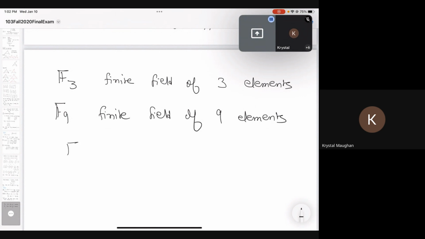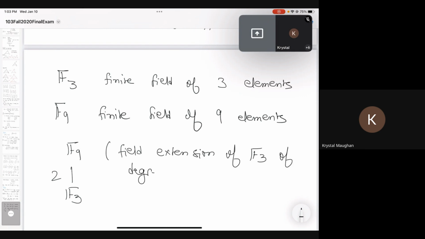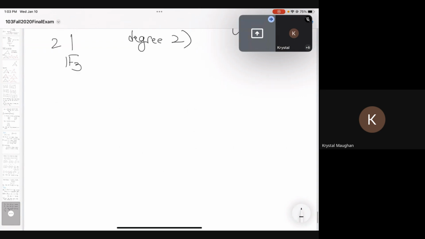It's actually a vector space over F3 of degree 2. So this is a field extension of F3 of degree 2. In general, if you have a finite field in the base and you take a degree r extension, what you will get is Fp^r.